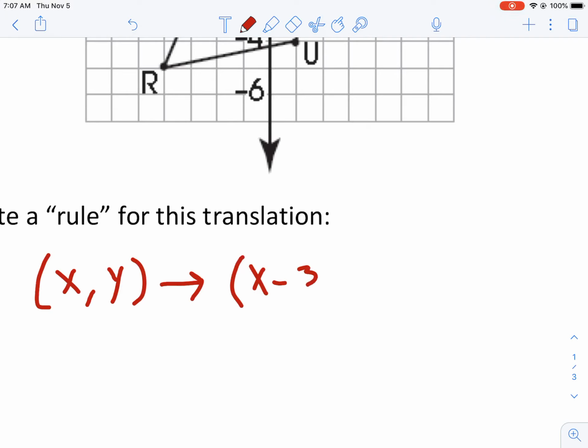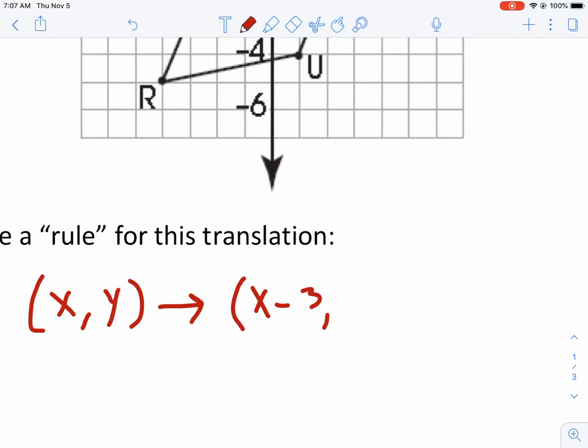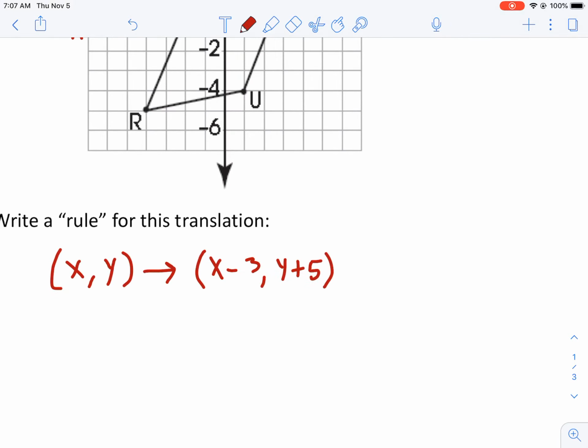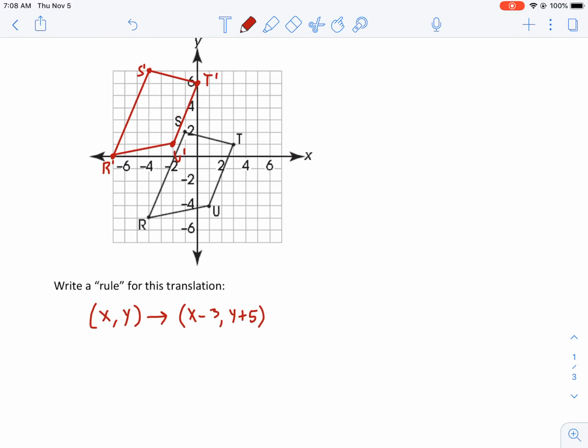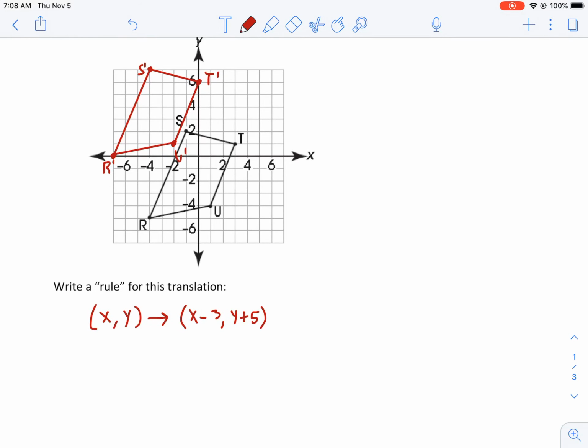So our x-coordinate is getting smaller by 3. And then going up or down is y, so it's going up by 5, so the y value is increasing by 5. So our rule is that all points are going from x comma y to x minus 3 comma y plus 5. And so you could take any point you want and plug its coordinates in and get its new coordinates under this rule.